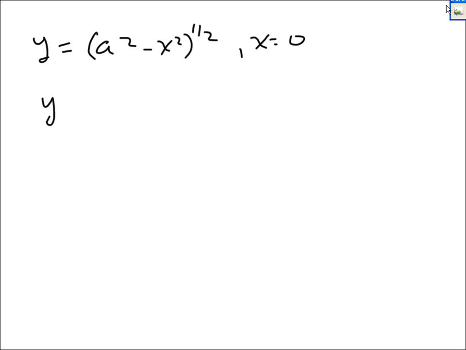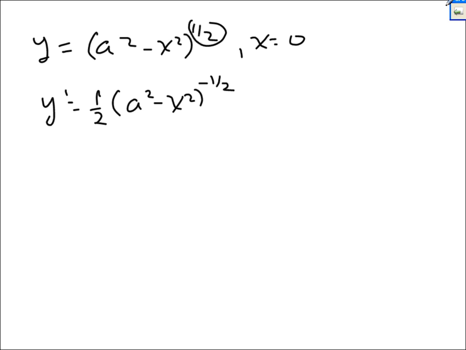So let's try one more. This one looks interesting. Suppose you have y equals (a squared minus x squared) to the half. You want to do this at x equals 0. So y prime. Y prime is you keep the function the same, you bring down the power, you make the new power 1 less.